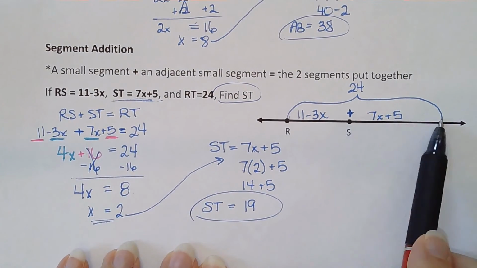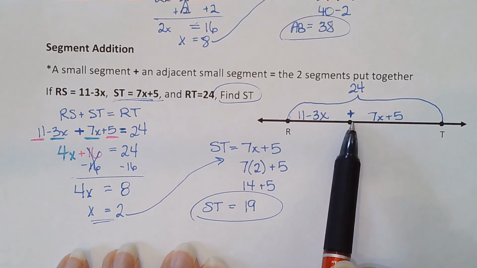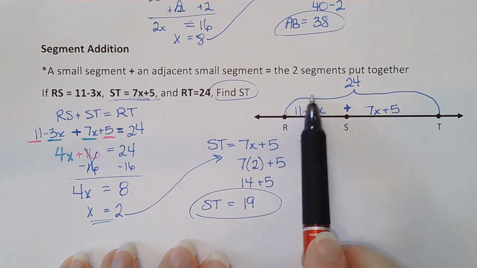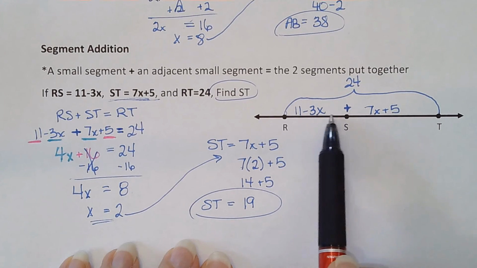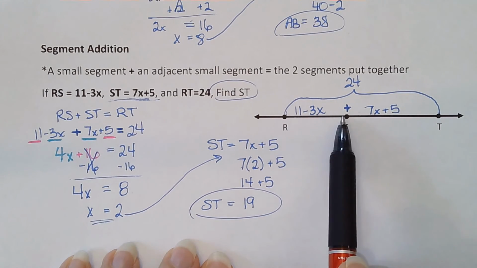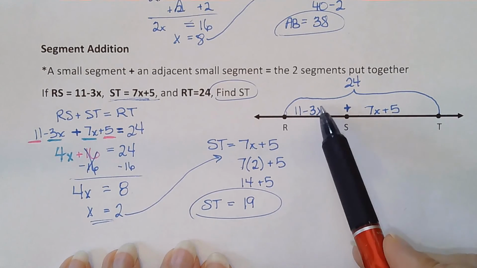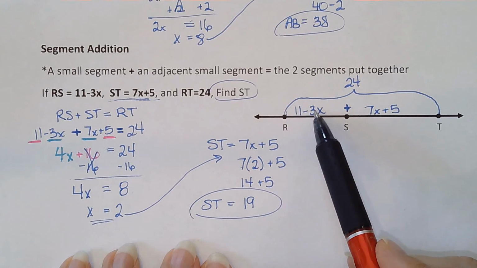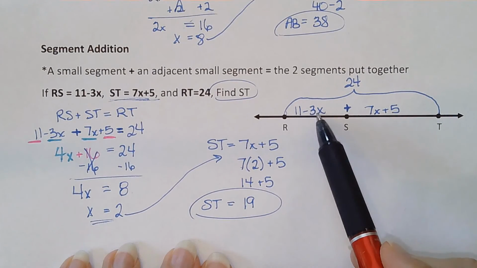So this segment right here is 19. And if I were asked what is RS, I could just use some subtraction. If I know that the whole thing is 24 and that this part right here is 19, I could figure out some subtraction, and that would tell me what RS is. Or I could also plug in the number 2, because x equals 2. I could plug 2 in here, and I would have 11 minus 3 times 2. 3 times 2 is 6. 11 minus 6 would be 5.